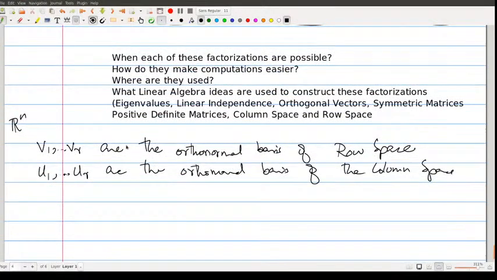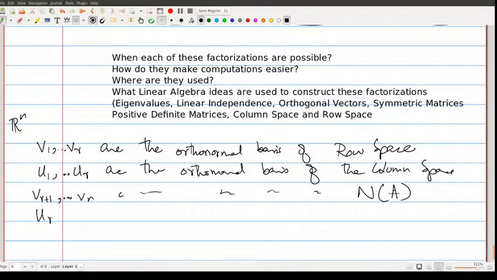So V1 to Vr are the orthonormal bases for the row space, and V(r+1) to Vn are the orthonormal bases of the null space of A, and U(r+1) to Um are the orthonormal basis for the null space of A transpose.